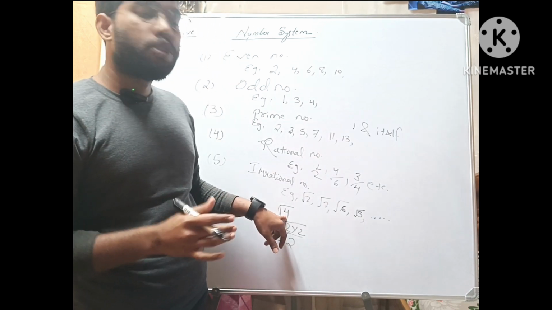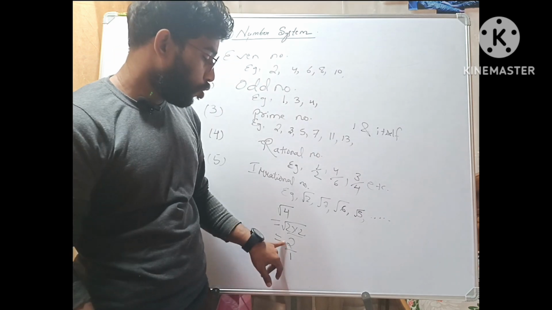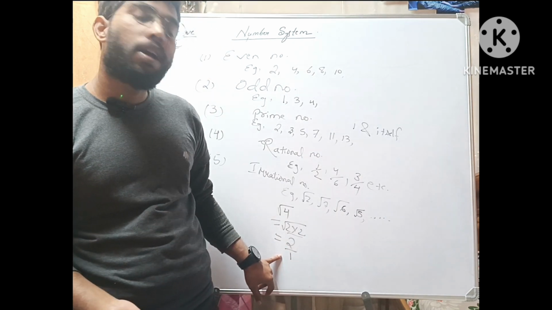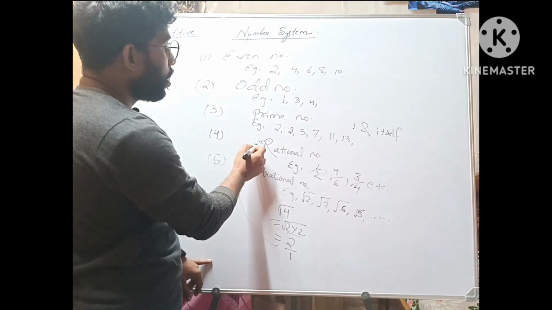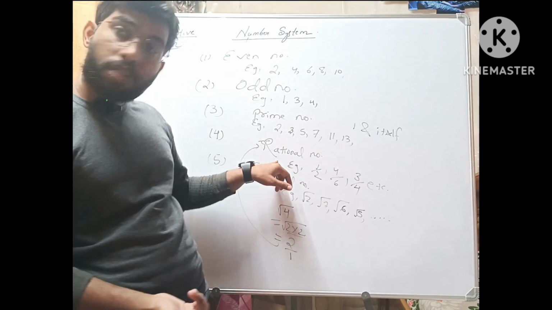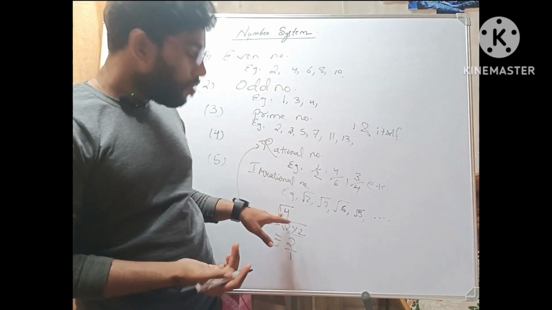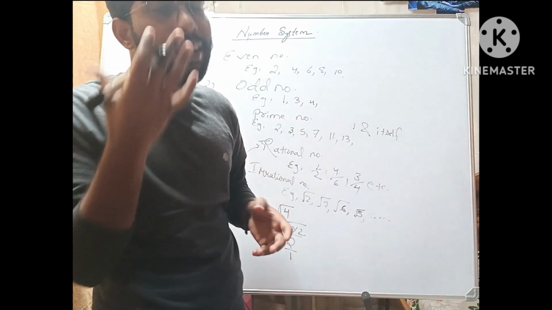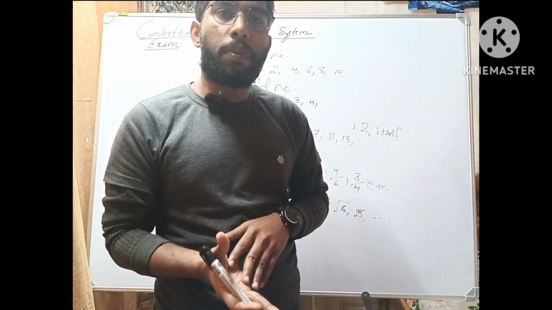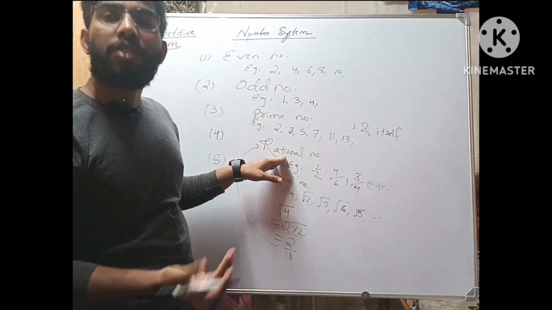Now we got the square root of 4 is 2. It can be written in the form 2 by 1. So 2 by 1 is a rational number, right? So if you can calculate the square root, that number can be a rational number.